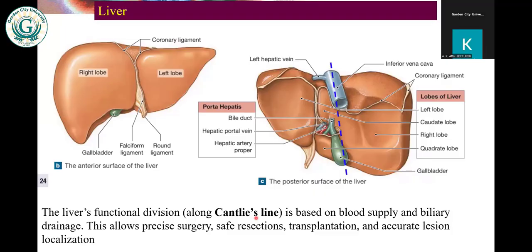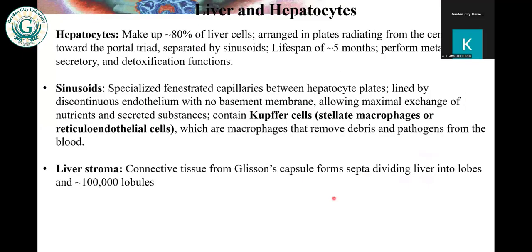In fact, the liver is divided into segments, so you can do a lobectomy or a segmentectomy of the liver. You can remove a particular segment or lobe of the liver without affecting other parts. So the line passing through the IVC and the gallbladder is what is used to divide the liver into the right lobe and the left lobe.